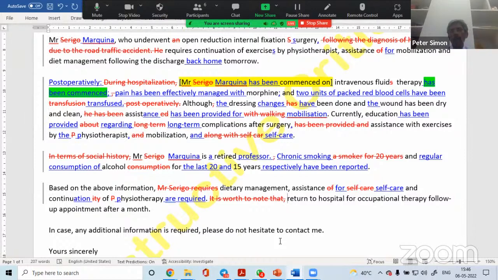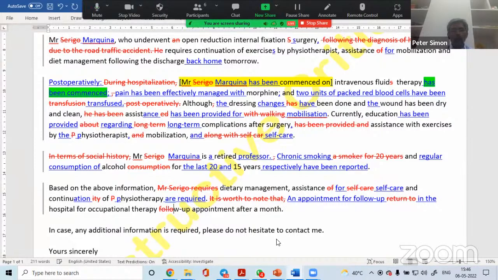So here you can write: an appointment for follow-up in the hospital for occupational therapy after a month has been scheduled. Finish.